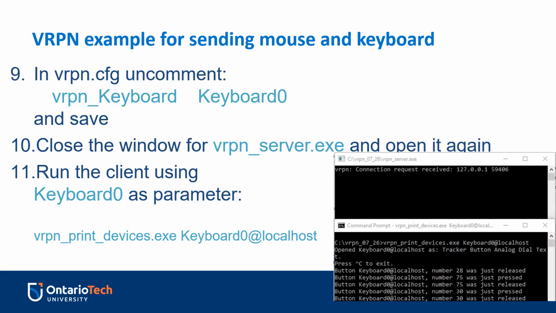For using the keyboard in the vrpn.cfg, it is necessary to uncomment the following line, and close and run the VRPN server again. So this time we will use vrpn_print_devices using as a parameter Keyboard0.